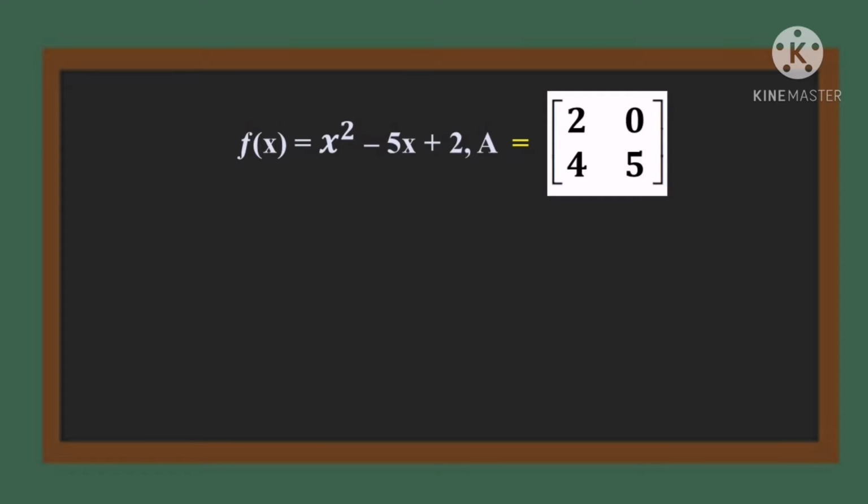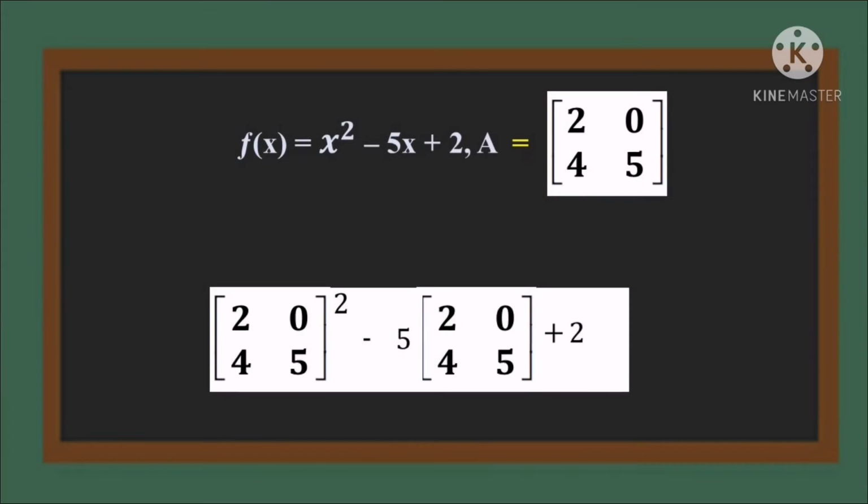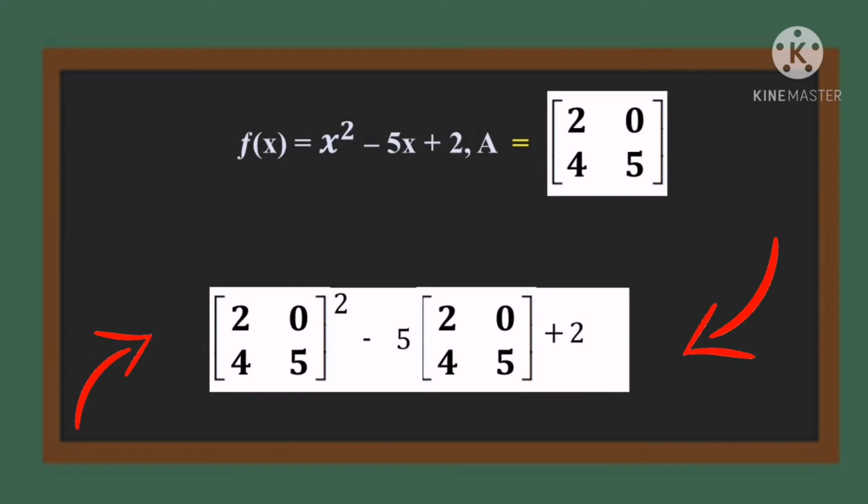To answer this problem, the first thing you need to do is to substitute all the x with A, so we have A squared minus 5A plus 2. After that, same rule as in a function, substitute all the A with the given 2 by 2 matrix, so we have the matrix 2, 0, 4, 5 squared minus 5 times matrix A plus 2.